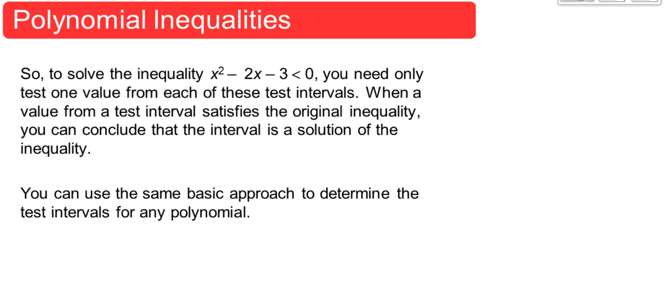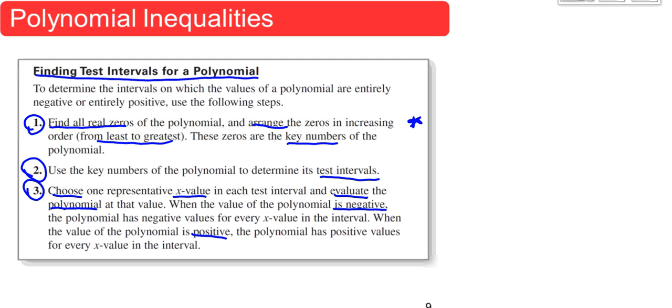So here's our decision-making box: finding test intervals for a polynomial. To determine the intervals in which the values of a polynomial are entirely negative or entirely positive, use the following steps.